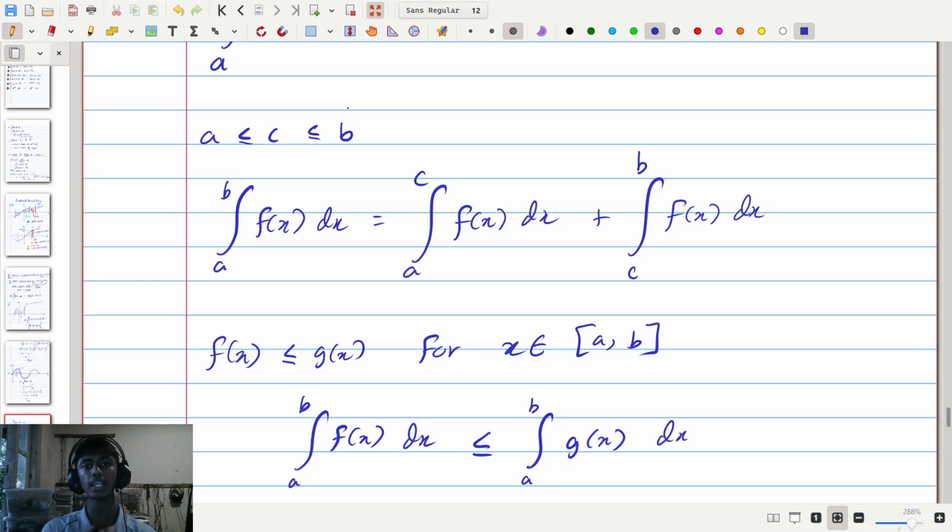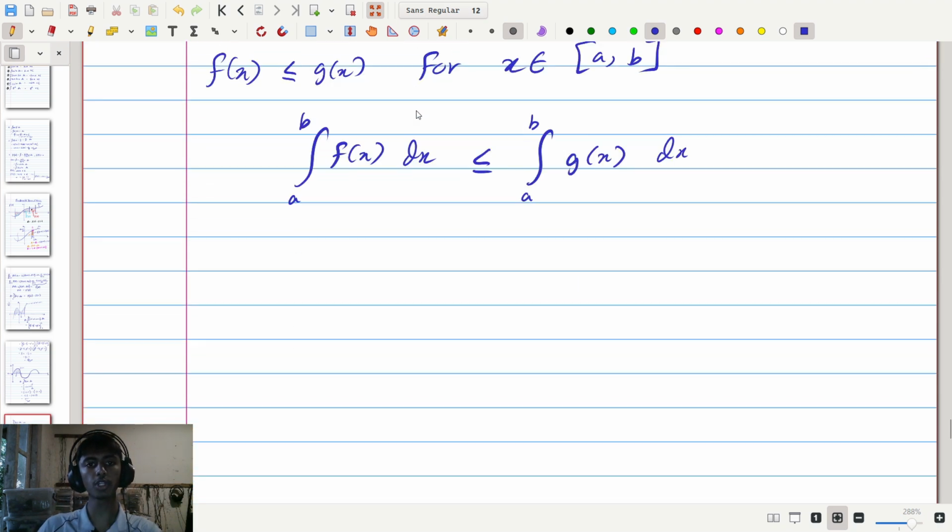That is, if at every single value f of x is smaller or equal to g of x, then across all of the values, f of x's area that we add up together is of course going to be lower than the values that we add up for g of x.